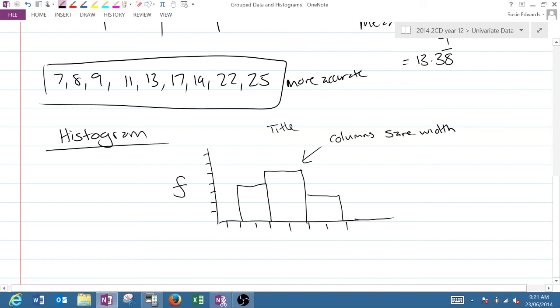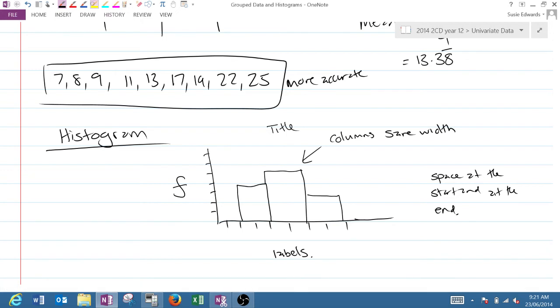You need to have labels. You need to have a space at the start and at the end. See how there's a gap here and there's a gap here. Okay, you have to have a space at the start and the end.